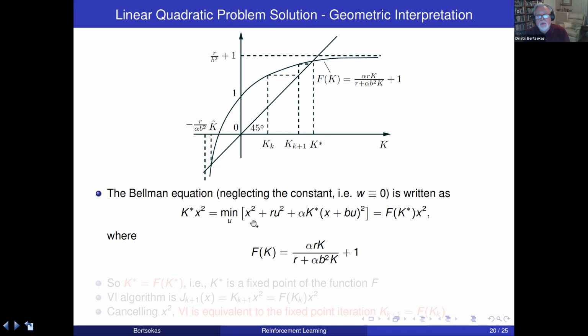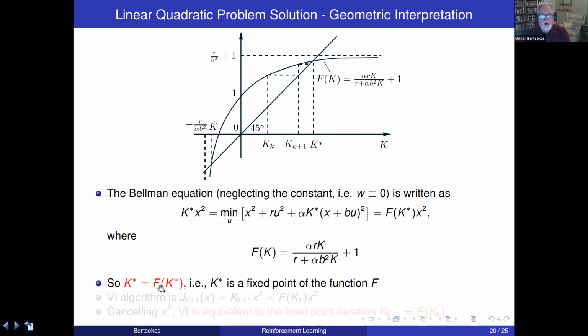And if you do this minimization, then you can write this as a quadratic involving this function f. Now, f of k of the generic scalar k is given by this expression here. This comes from the previous slide, and it's a simple calculation to do this minimization of the quadratic by setting the derivative to 0.